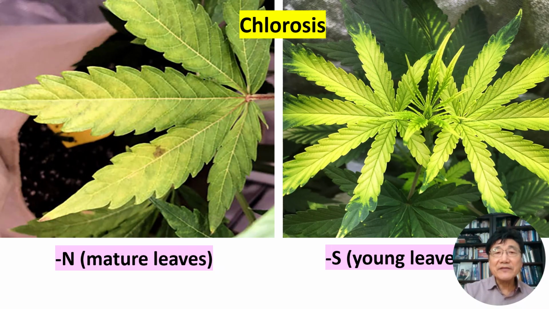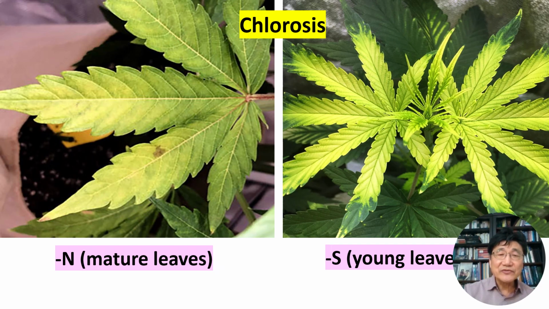Let's compare deficiencies that have common or similar symptoms of macronutrients and micronutrients together. Chlorosis is the most common symptom of nutrient deficiency. These symptoms appear in case of nutrient deficiencies of nitrogen, sulfur, and iron.